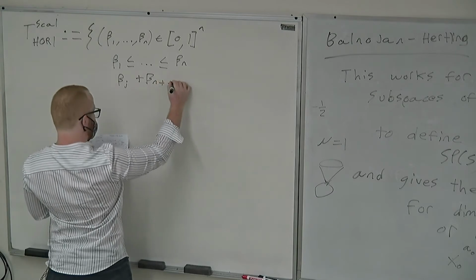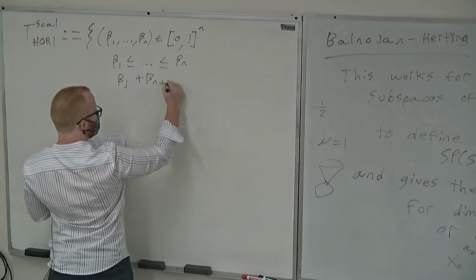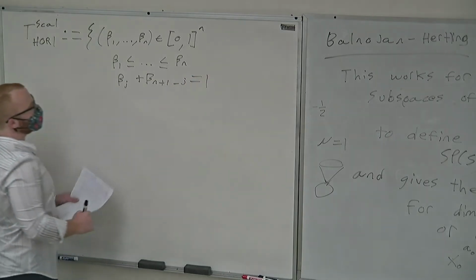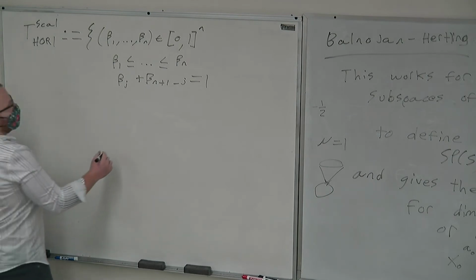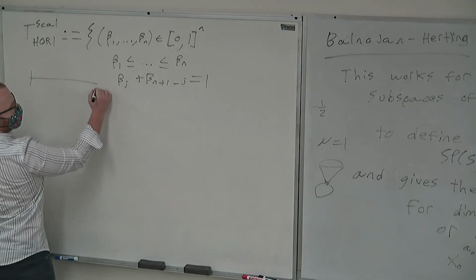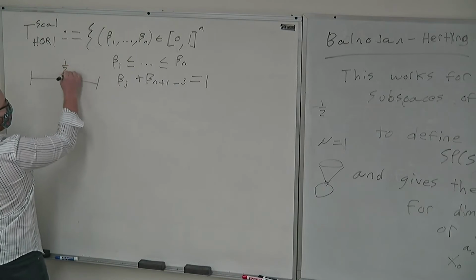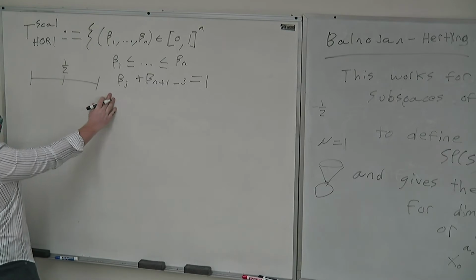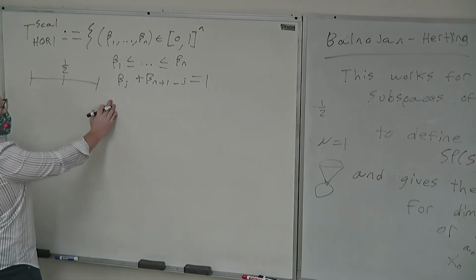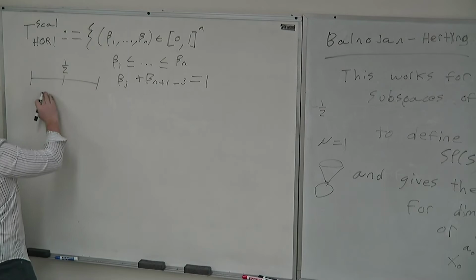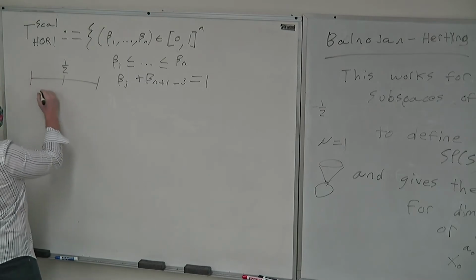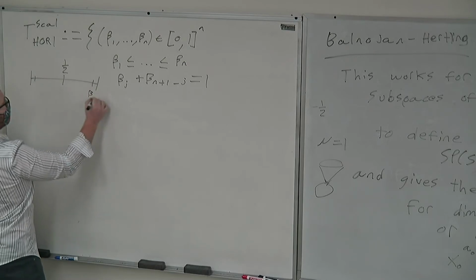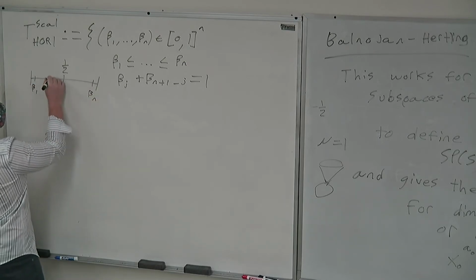Remember, n here is, for now, just the dimension of the space of vanishing cycles. And all this is saying is that they're symmetric about 1/2. These are not going to be the spectrum of the matrix or the spectrum of the function, but they're going to be related. They're going to be some sort of transformation of these spectra. All right, so we have these, and they're symmetric about this value.